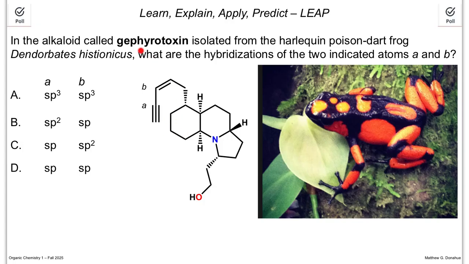The molecule is called gifratoxin, and this is a harlequin poison dart frog. You ever see these things? How big are they, or how small are they? They're pretty tiny. I went to the aquarium in New Orleans a decade ago or something. They had an exhibit. They're really tiny, but they're crazy colorful. And they don't produce this.